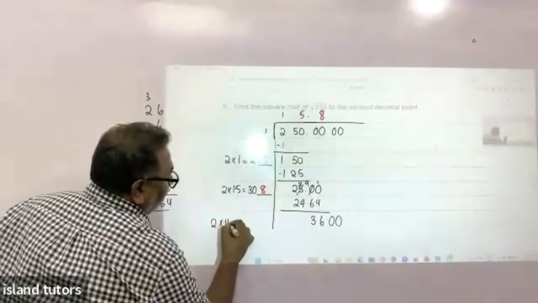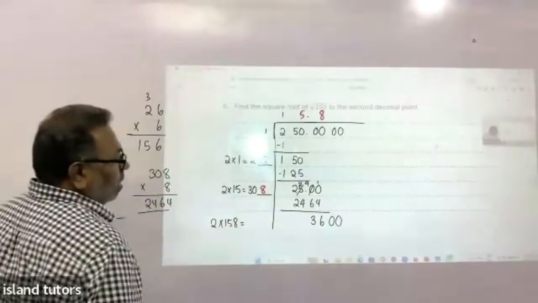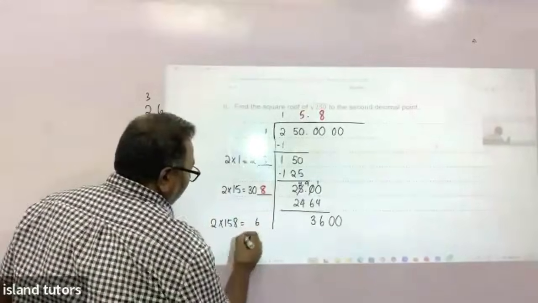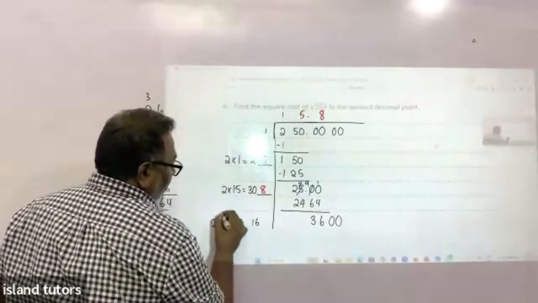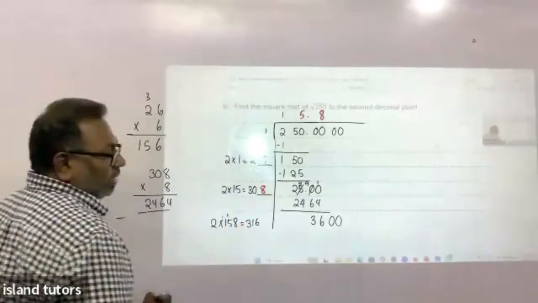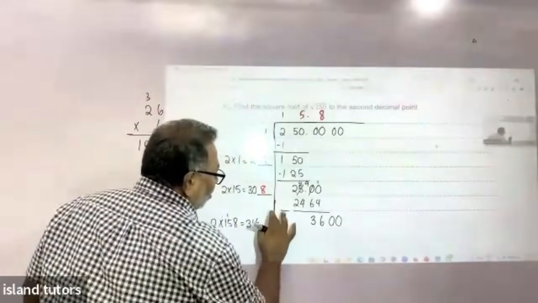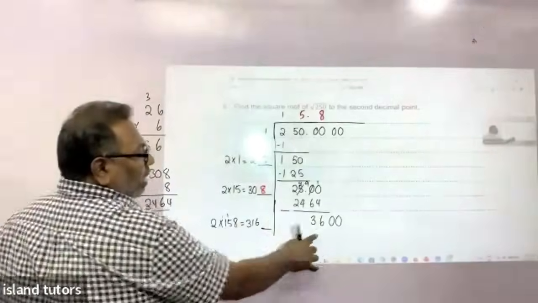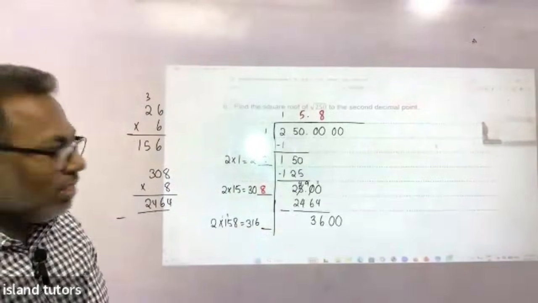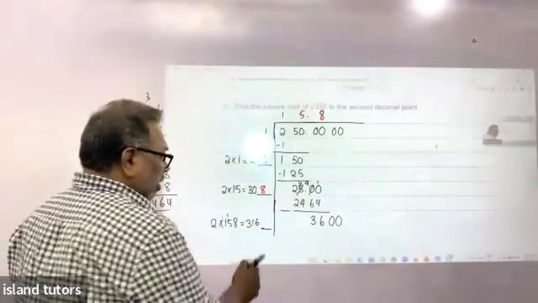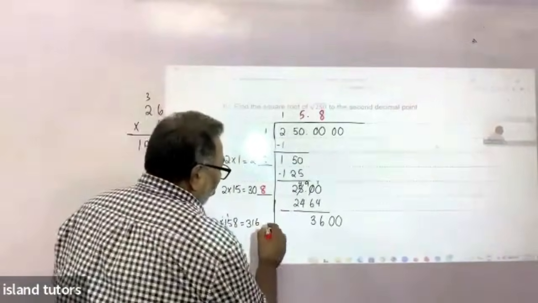2 multiplied by 158. How much is that? 16, 11, 316. Leave a space. What number am I going to add here, which is going to get closest to 3,600? Closest one is going to be only 1.